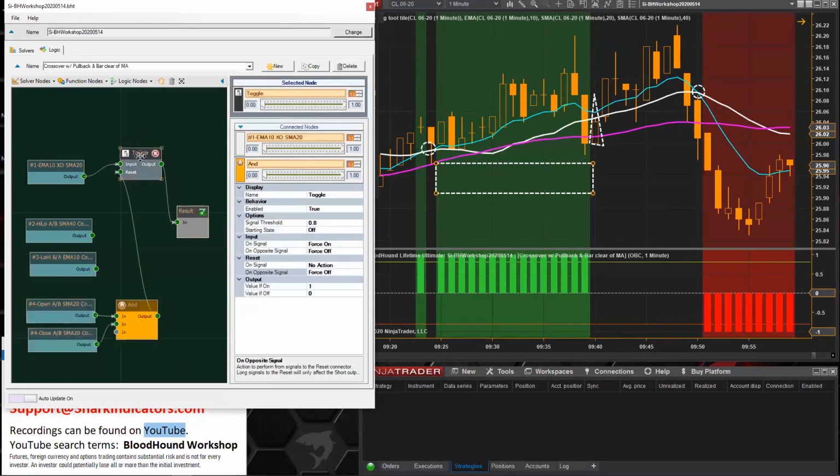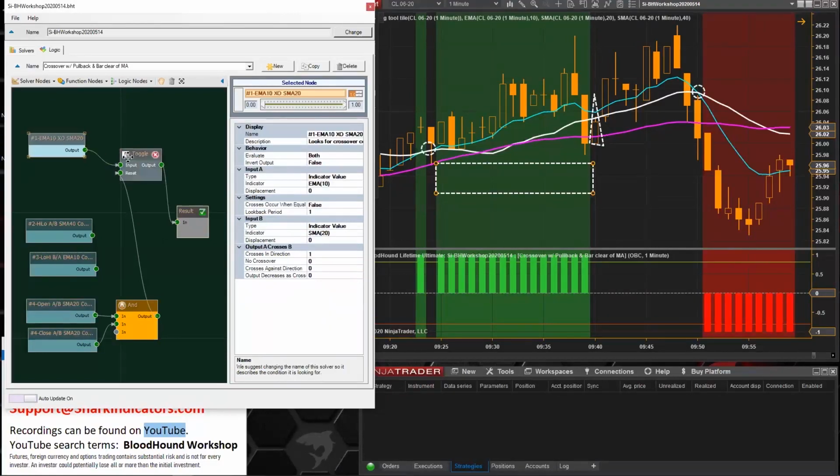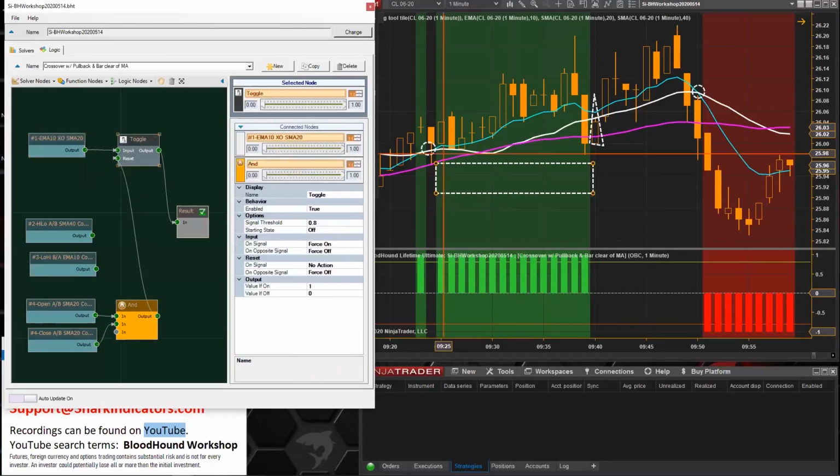All right, so this toggle node here is all ready to go. It's taking our step number 1 and extending it forward until we get a disqualifying bar as part of step number 3, or, of course, until our moving averages cross in the wrong direction. So there's that.